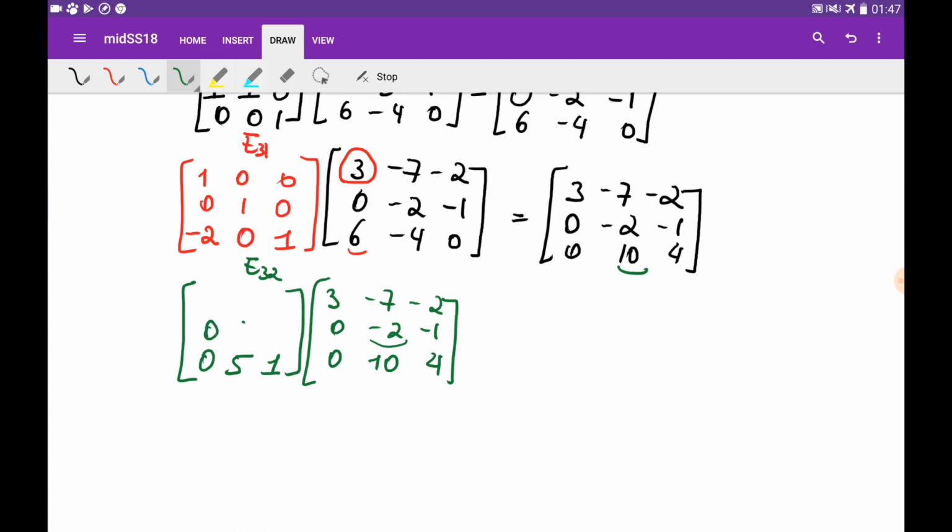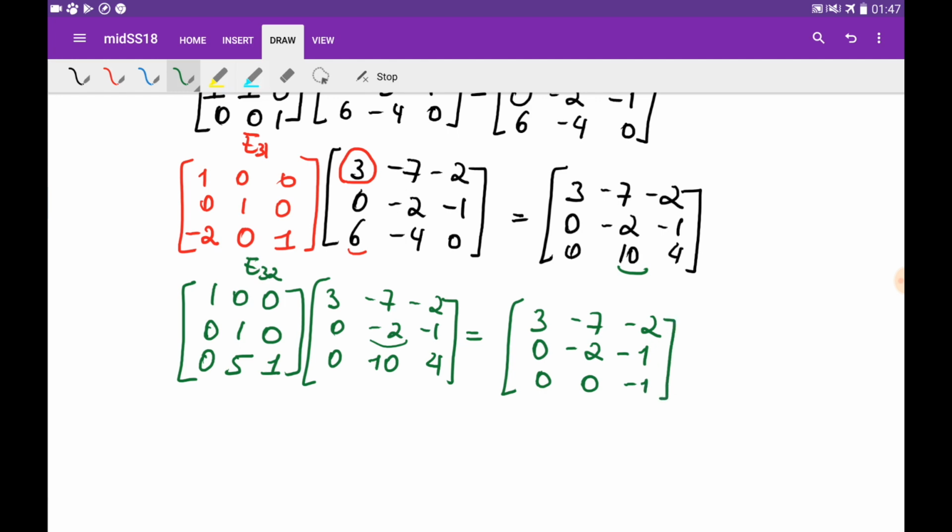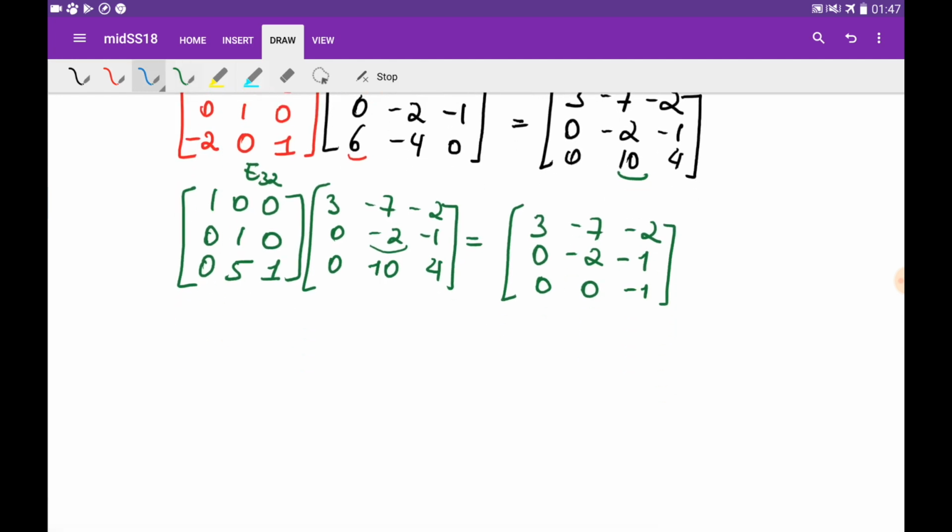So we need to keep the first two rows as they are. What we're going to obtain here is 3, minus 7, minus 2, 0, minus 2, minus 1, 0, 0, minus 1. So now we obtain the U matrix here.